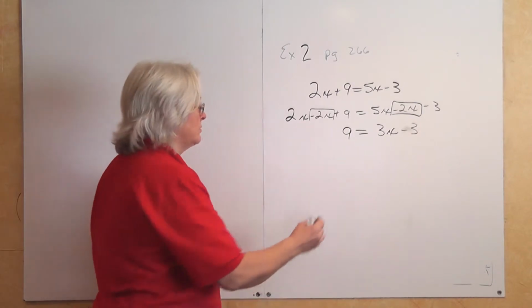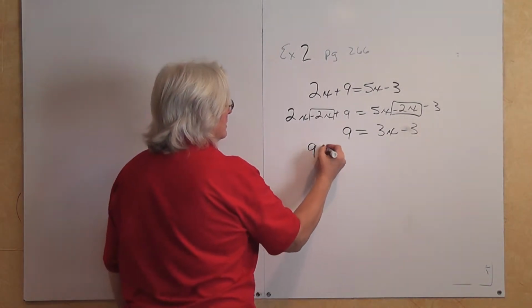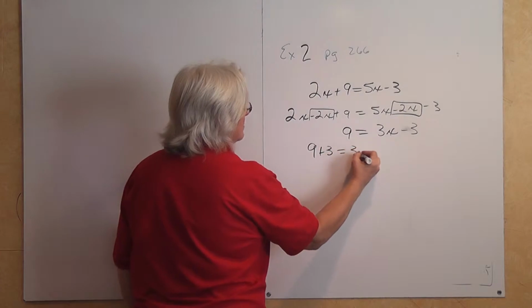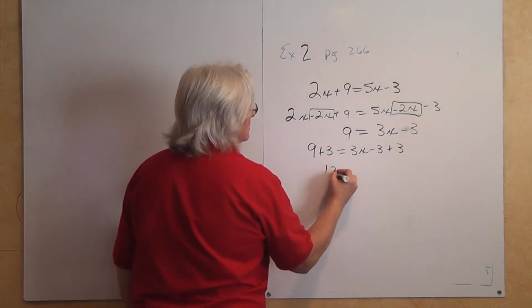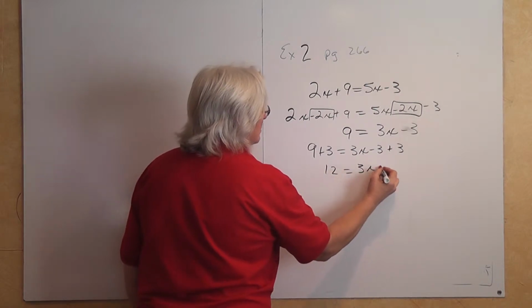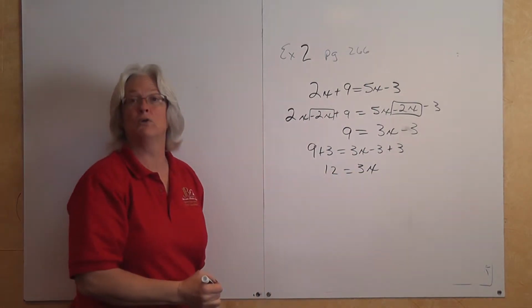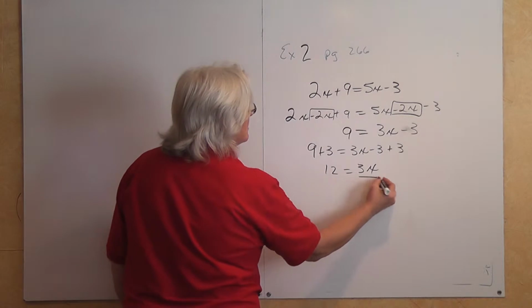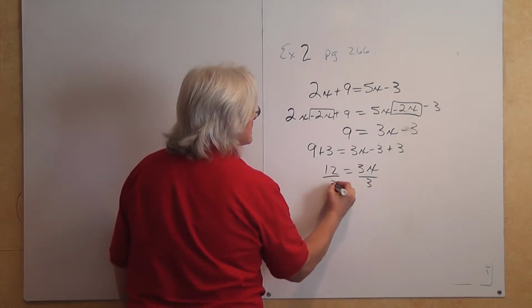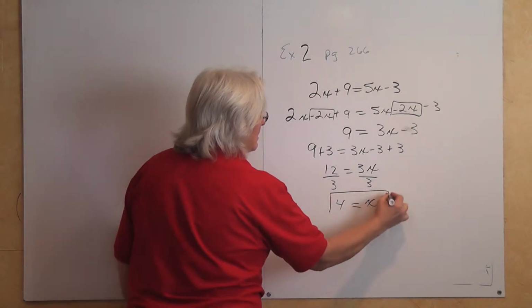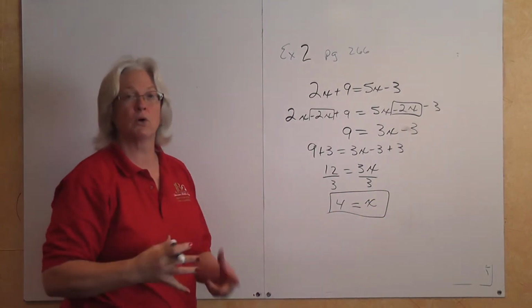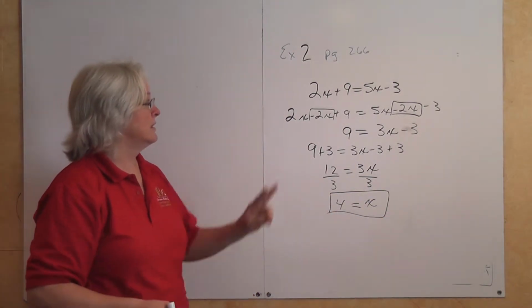Inverse is addition, so we're going to add 3 to both sides of the equation. 3x minus 3 plus 3. 12 is equal to 3x. X has been multiplied by 3, so we are going to divide both sides of this equation by 3. And we see that we have 4 is equal to x, or x is equal to 4.